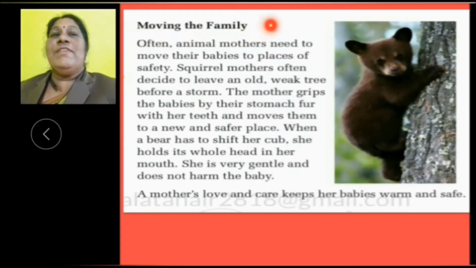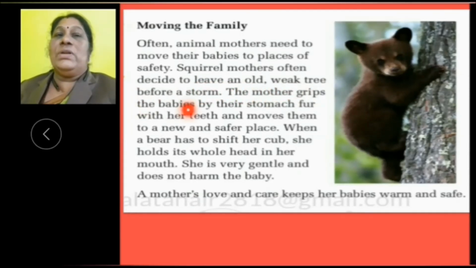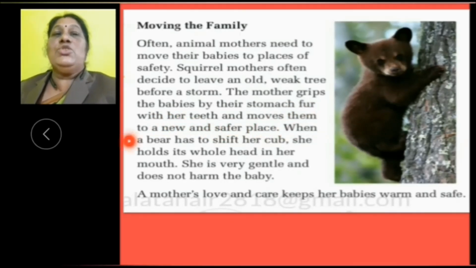Moving the family. Often animal mothers need to move their babies to places of safety. Squirrel mothers often decide to leave an old weak tree before a storm. The mother grips the babies by the stomach fur with her teeth and moves them to a new and safer place.